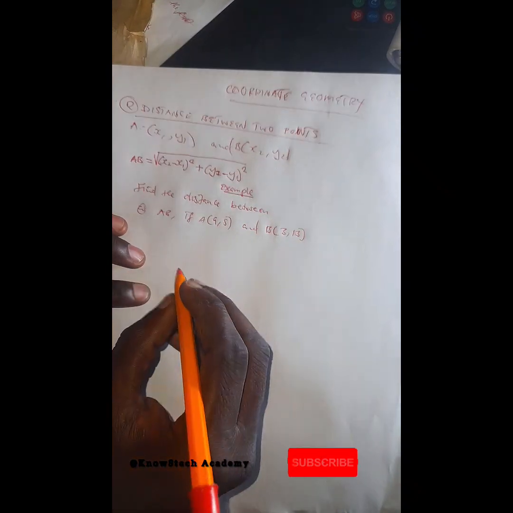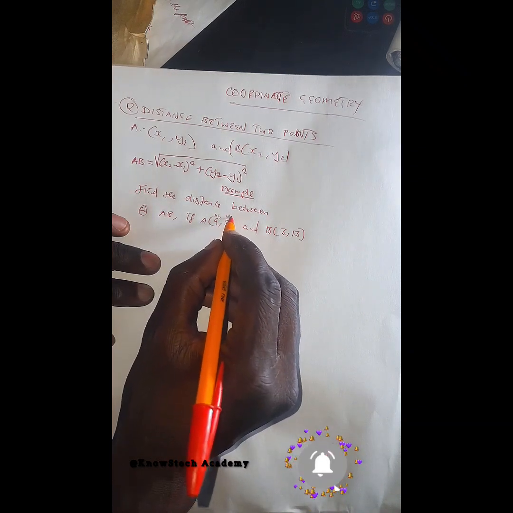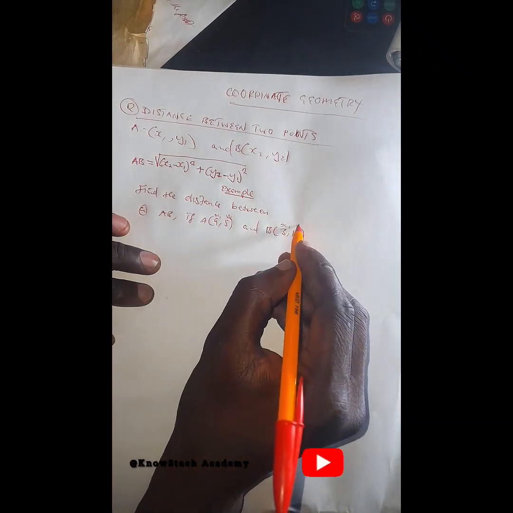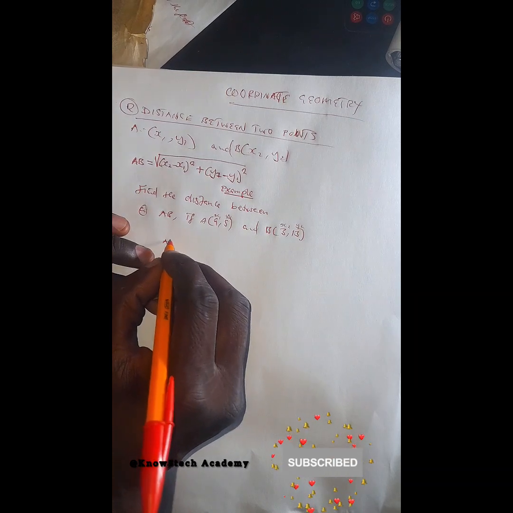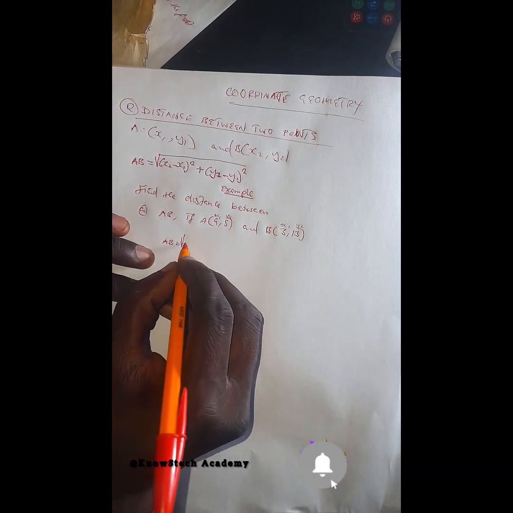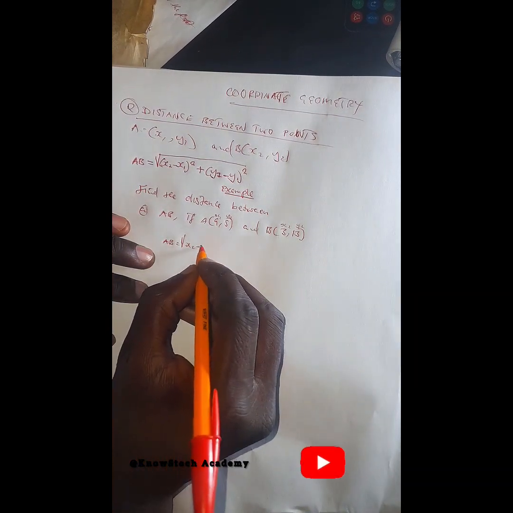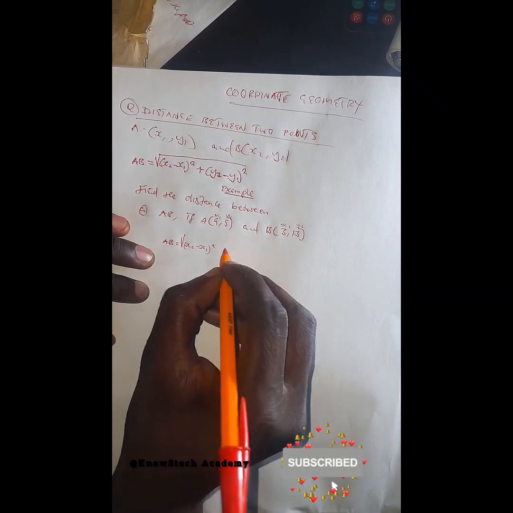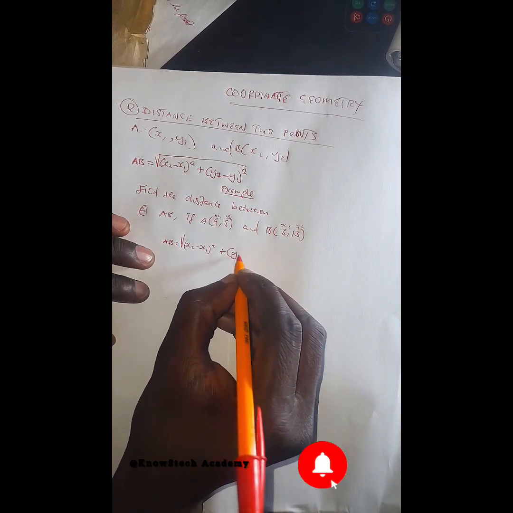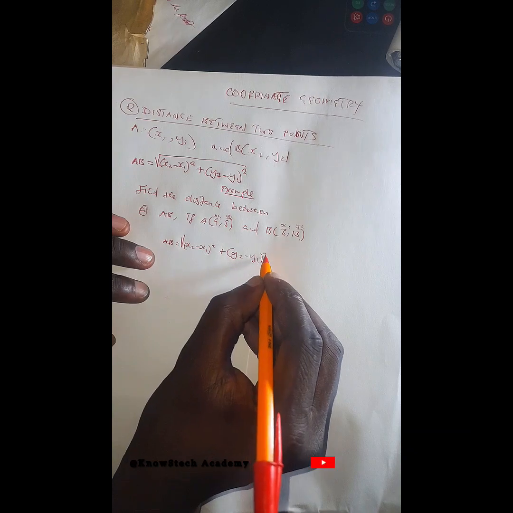This is not an issue. This is x1, this is y1, this is x2, this is y2. The formula is AB is equal to the square root of (x2 minus x1) squared plus (y2 minus y1) squared. This is the formula.